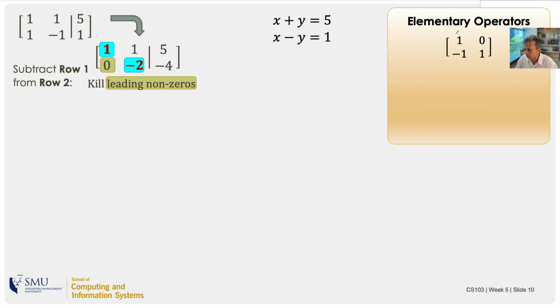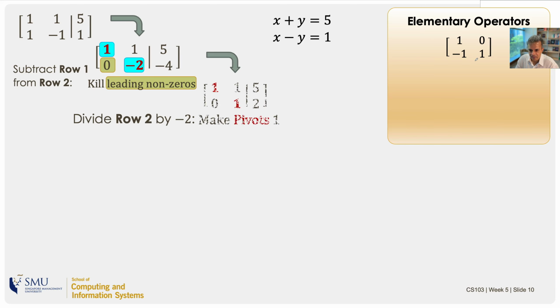As you know, you just apply that to the identity matrix in the right dimension, 2 by 2 in this case. So the identity matrix was 1, 1 along the diagonal, 0, 0. You subtract the first row from the second, you get a minus 1 there. That is the elementary operator. Now the second thing that we want to do is to divide the second row by minus 2 so that we make the pivots 1. That is part of our Gauss-Jordan elimination.